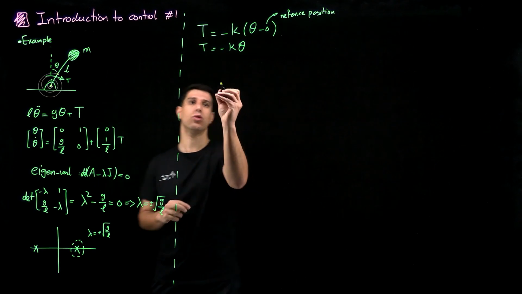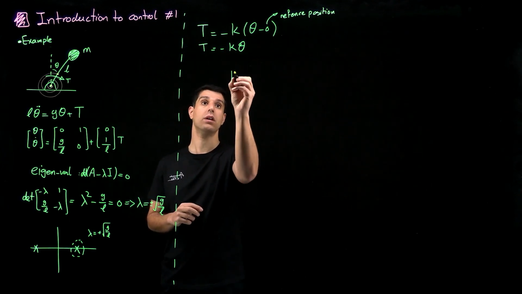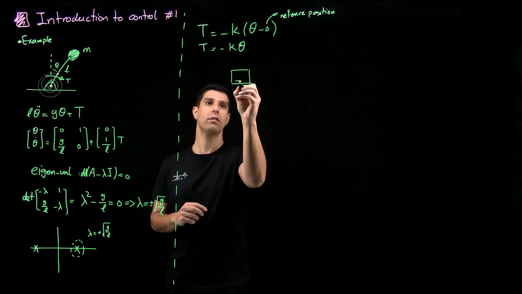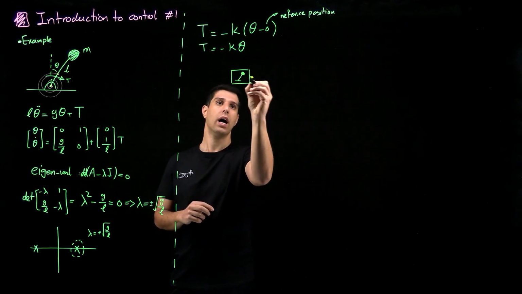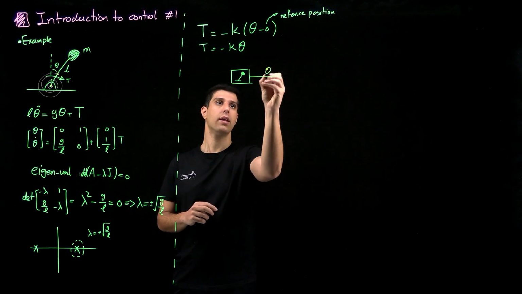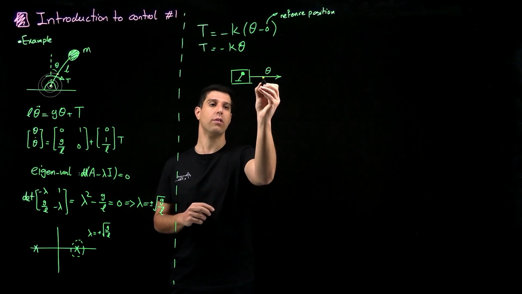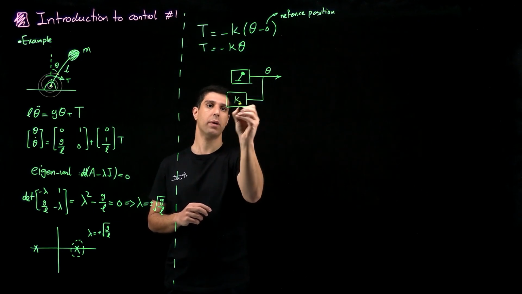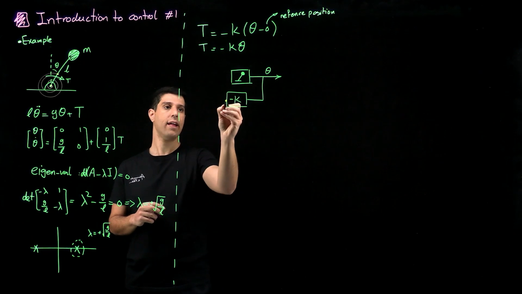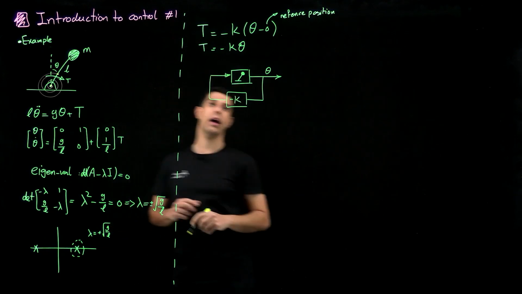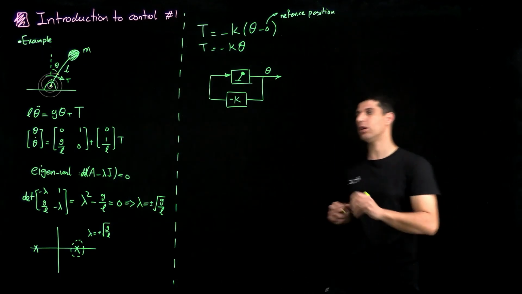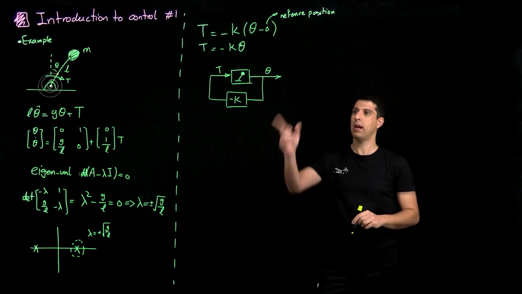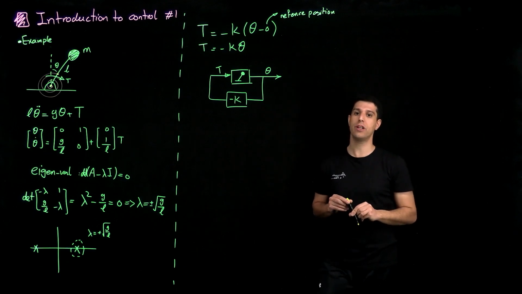So maybe I can draw the block diagram of the system. This is my pendulum. I can measure the angle out of the system, multiply it by minus k, and feed it as my control input or torque to the system, and now I have this closed loop feedback system.